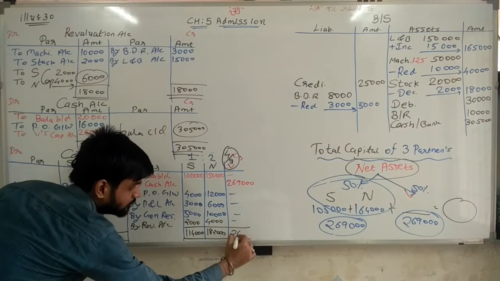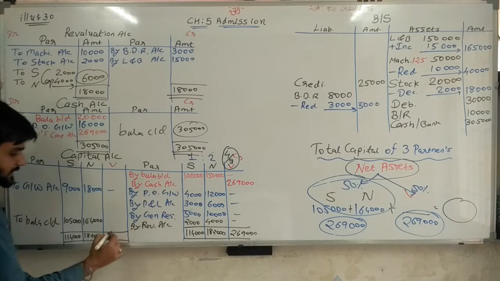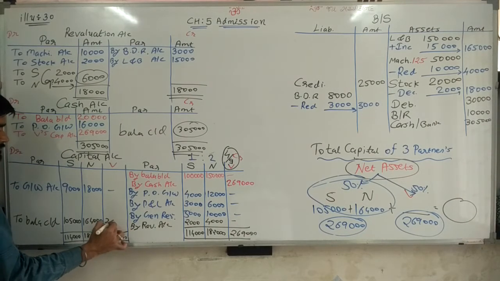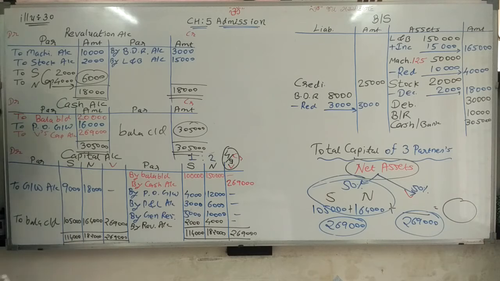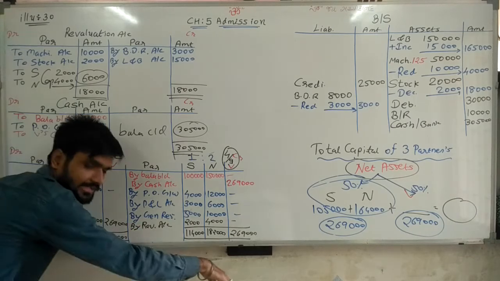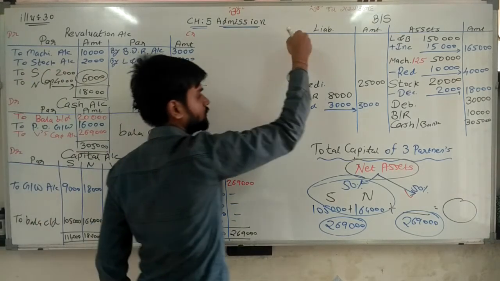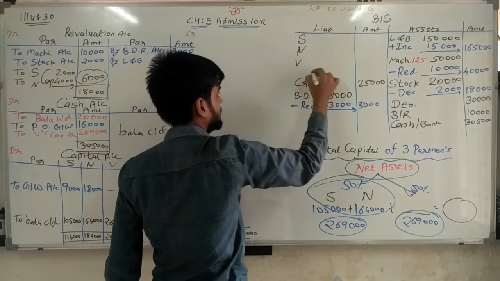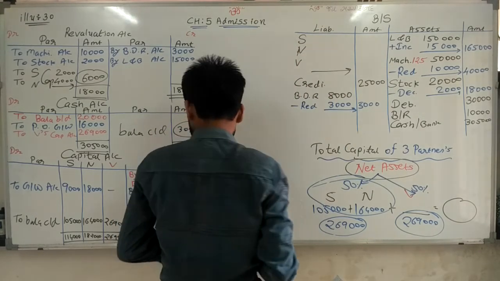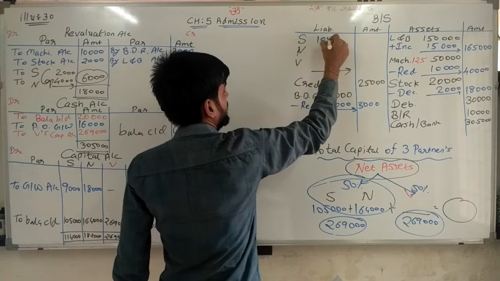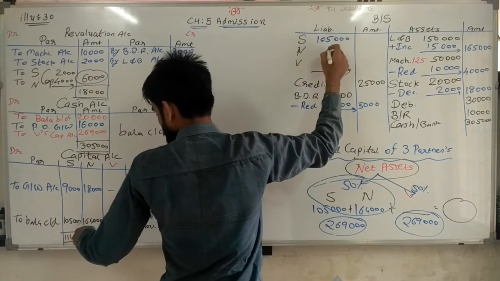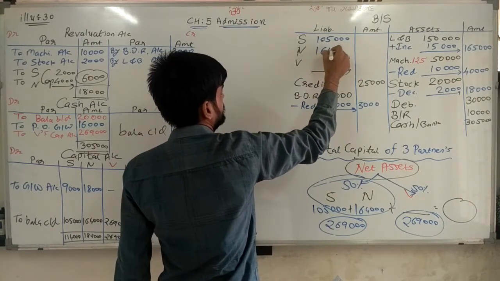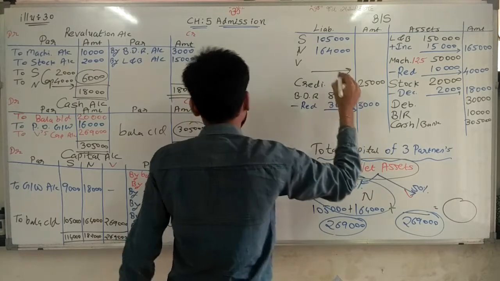Closing this account also. The 269,000 is the balance credited, so here we write S, N and V: 105,000, 164,000 and 269,000.